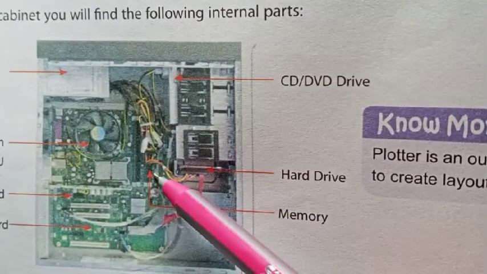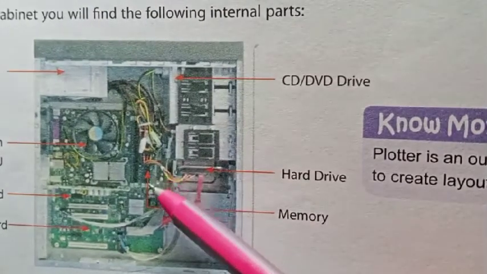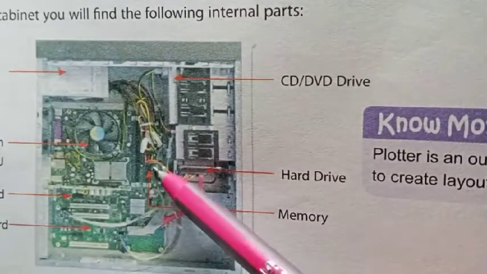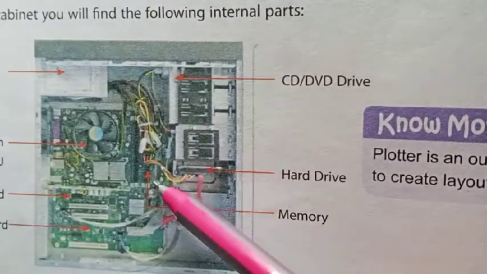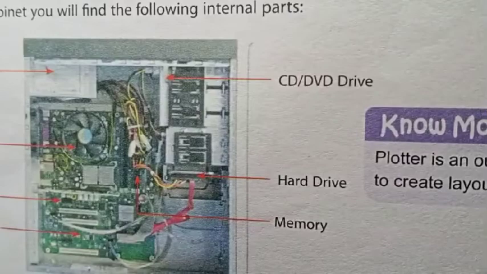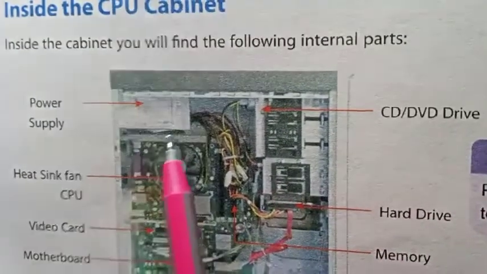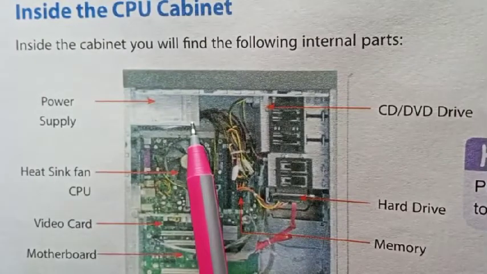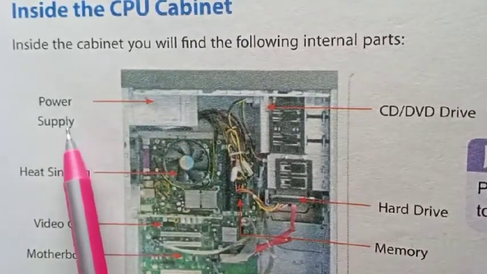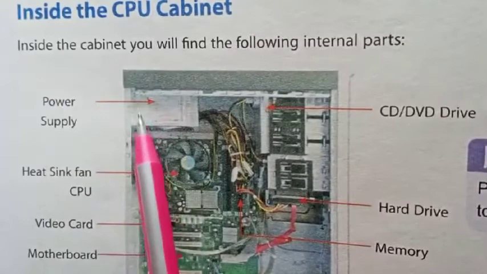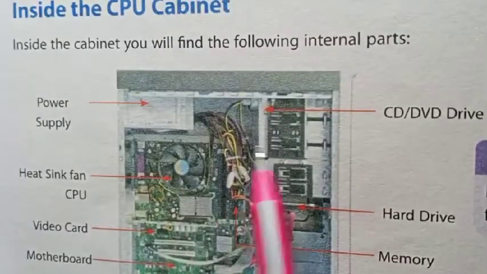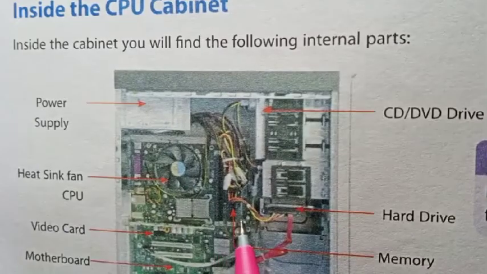And here below these wires you will find the RAM is installed, memory is installed. Then we have the power supply, SMPS we call this. This is the power supply. This box provides the power supply to all the parts of this CPU.